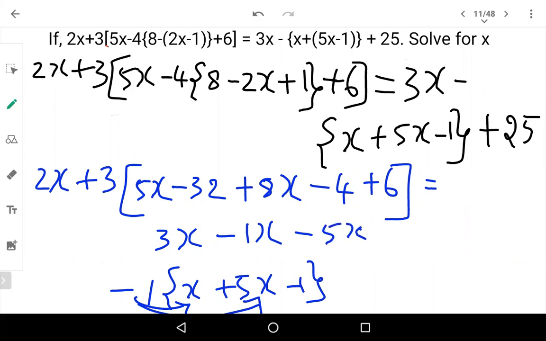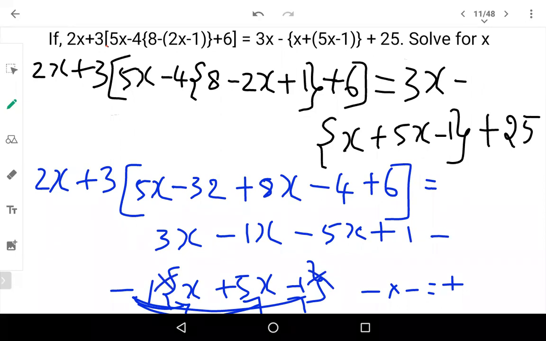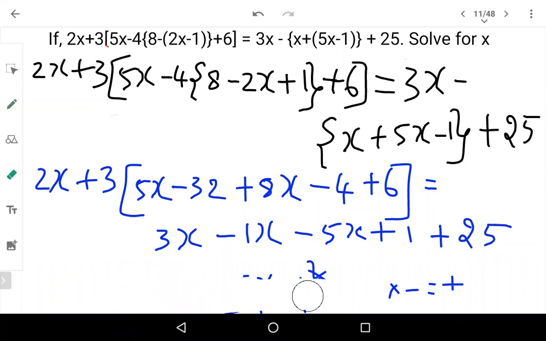Next, minus 1 into minus 1. Minus into minus is plus. So plus 1 ones are 1. Okay. Now I have removed the flower bracket also. So after this, plus 25. That will be the second step. Understood?